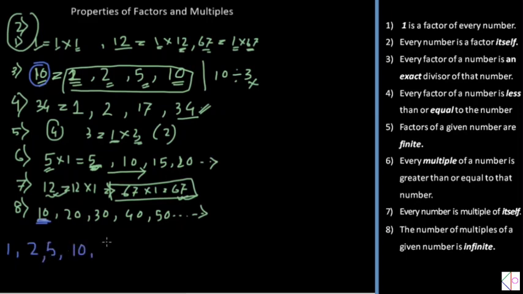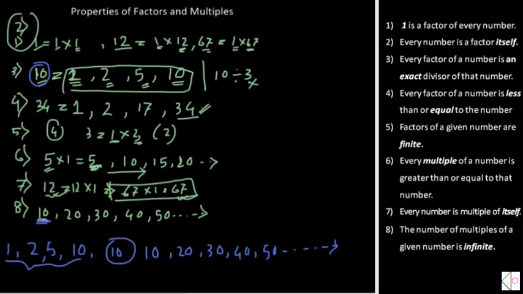Again, the multiples are 10, 20, 30, 40, 50, and they go on and on, because the number of multiples is infinite.